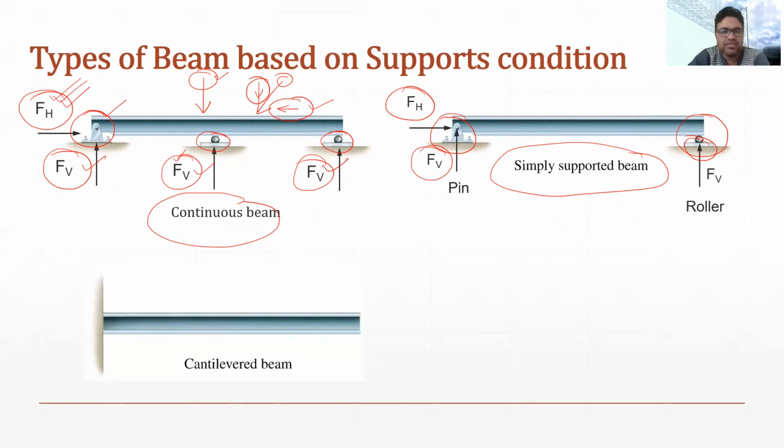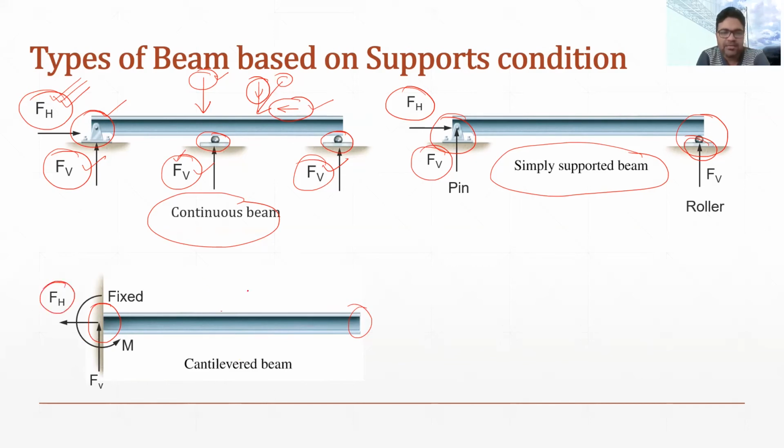Similarly, we have another type of beam which is called the cantilever beam. Now, cantilever beam is a beam which is fixed from one end but free at the other end. So in that case, we call the beam as cantilever beam. Now, as I said, one end will be fixed, which means the support is fixed. So on the fixed support, there will be three reactions offered by this beam. So there you can see one reaction will be horizontal.